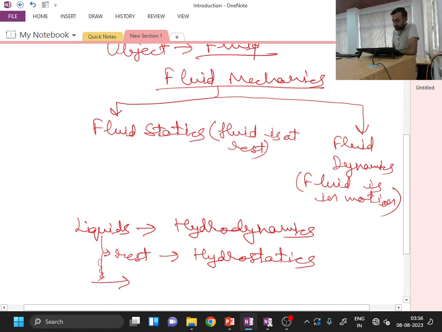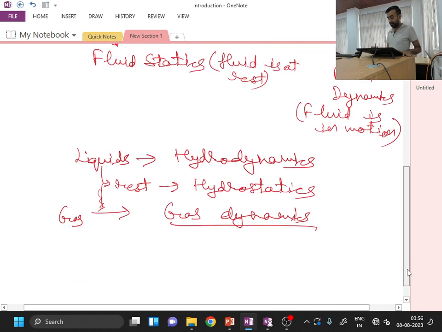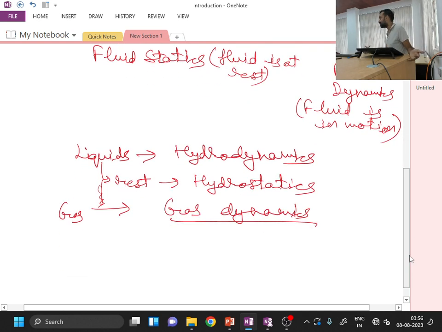a gas, then I will be calling it as gas dynamics. When I am only dealing with a fluid which is in gaseous phase, then we call it as gas dynamics. So what are the applications of gas dynamics? If you see typically your aeroplane engine.